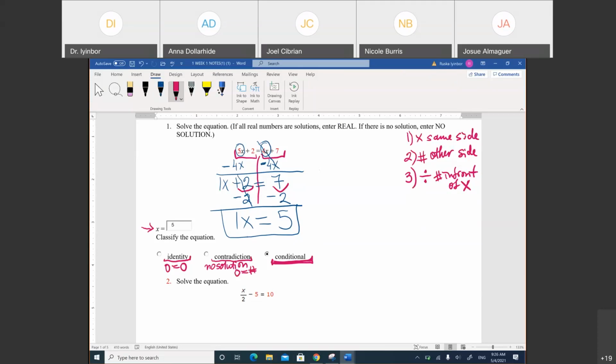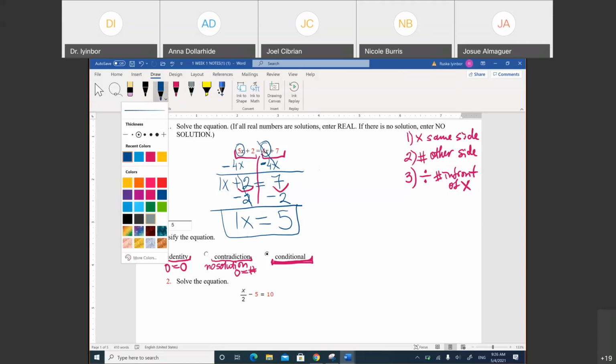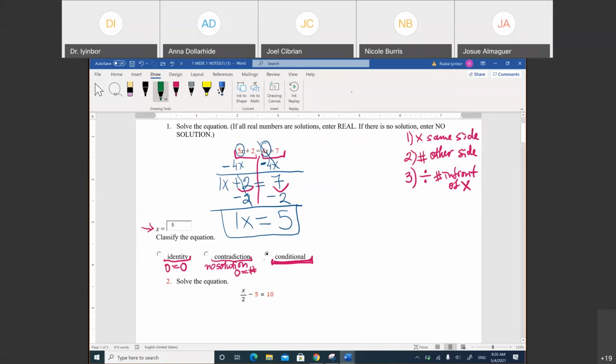So let me show you real quick one example where the equation is going to be identity or contradiction. For example, if I have to solve 2x minus 3 equals 2x plus 5, I'm just making another example. When I solve this, see, these are my two sides, right?